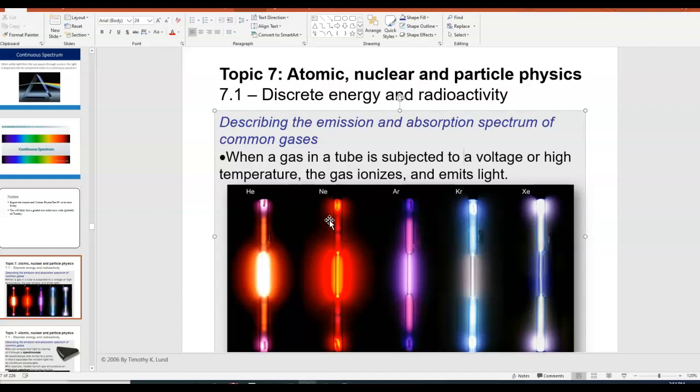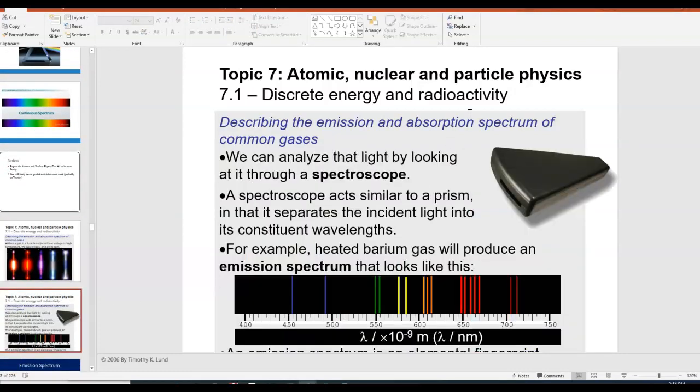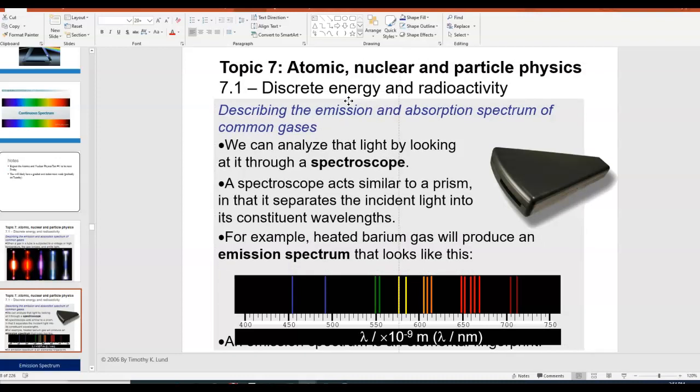Now, unlike white light, when you take the light coming off of this glowing gas and you put it through a prism, you don't get a continuous spectrum. Now, the device is not actually called a prism, but it basically functions as a prism. It's called a spectroscope, which essentially acts as a prism.